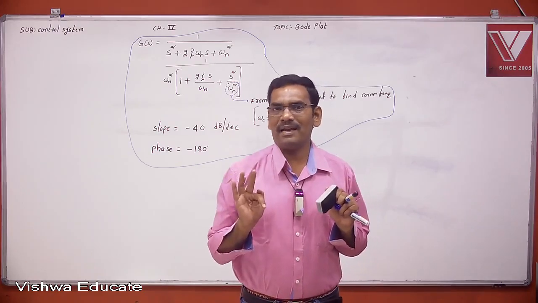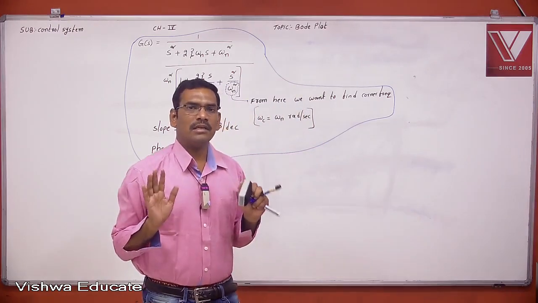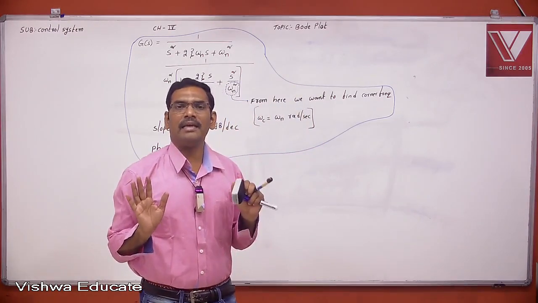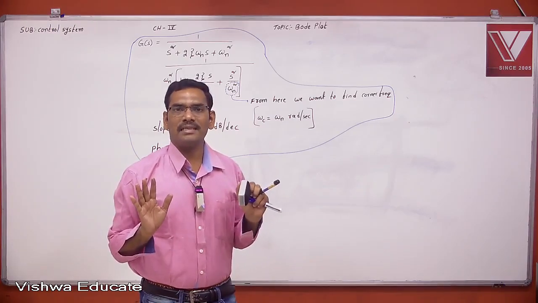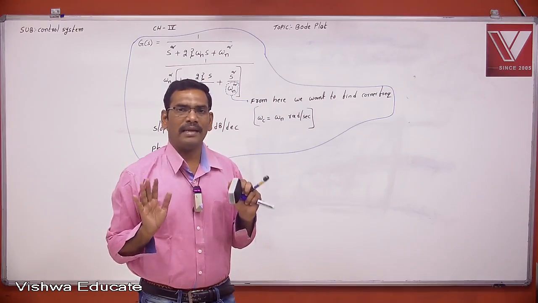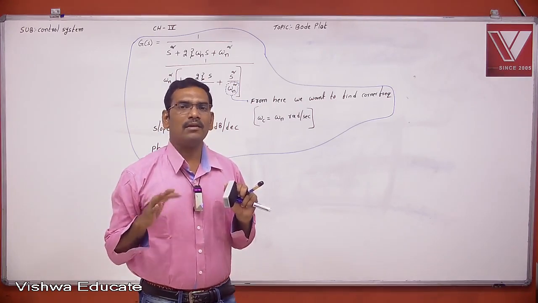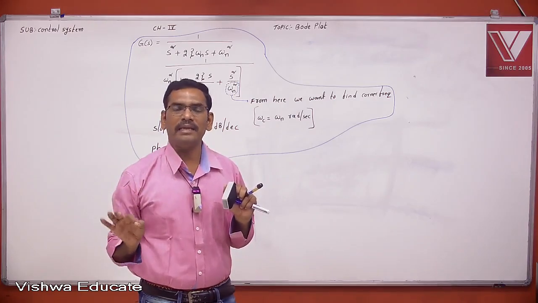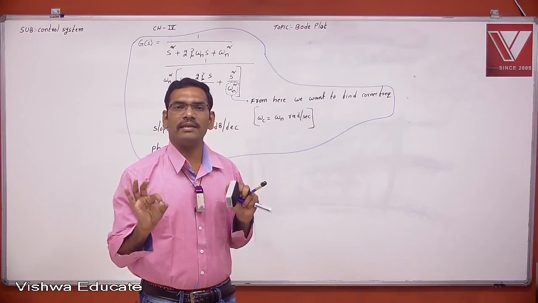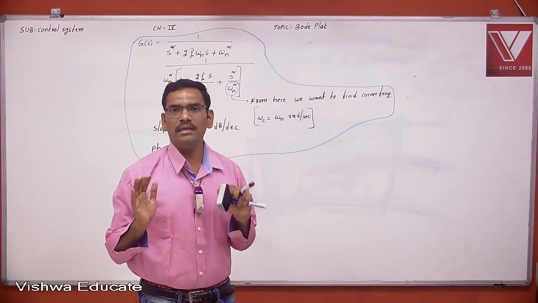If these three parameters are available, you can easily draw the Bode plot. Zeros give plus 20 dB per decade, poles minus 20 dB per decade, zeros plus 90 degrees, poles minus 90 degrees. If it is in the 1 plus s tau time constant form, with poles and zeros on the left half of the s plane, the corner frequency and time constant are always inversely proportional.